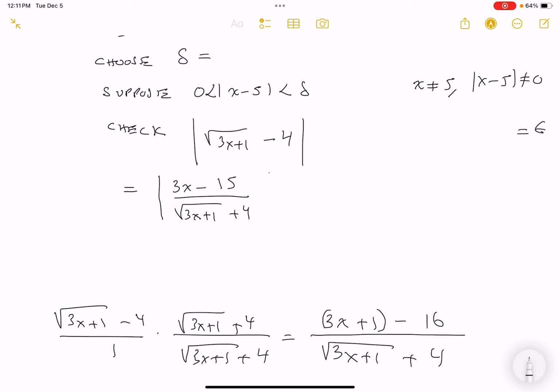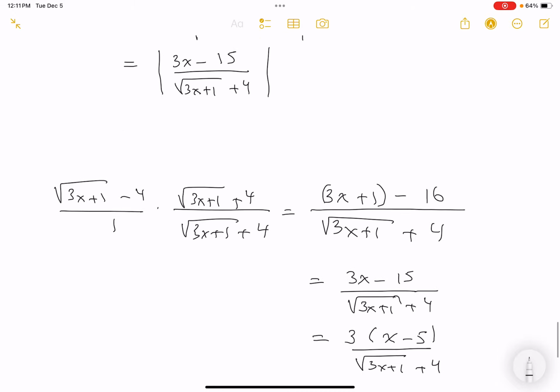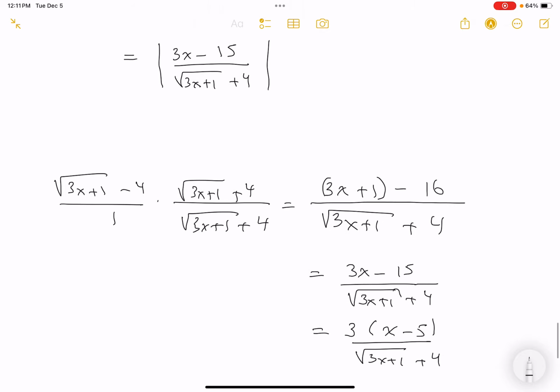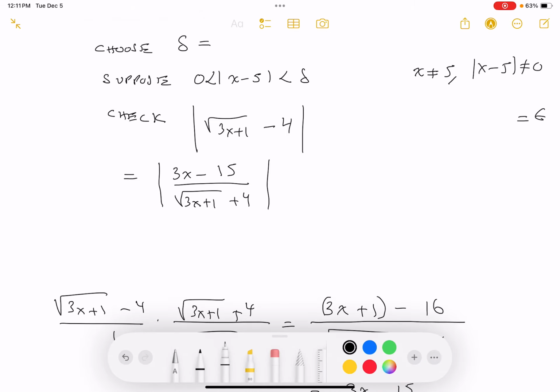All right, let me go back and check to make sure I wrote that right. 3x minus 15, yep. And 3, yep, I got this. Let me just rewrite the top a little differently, because although it's 3x minus 15, I get it as 3 times x minus 5.